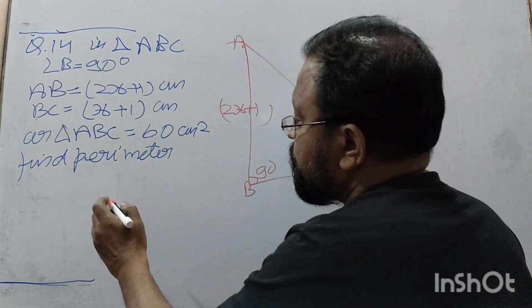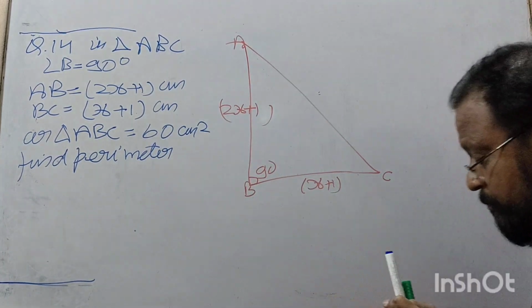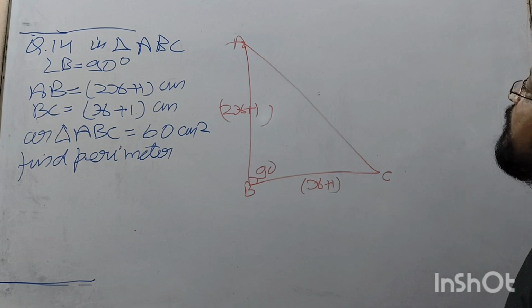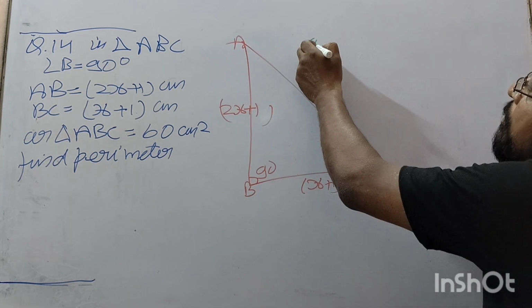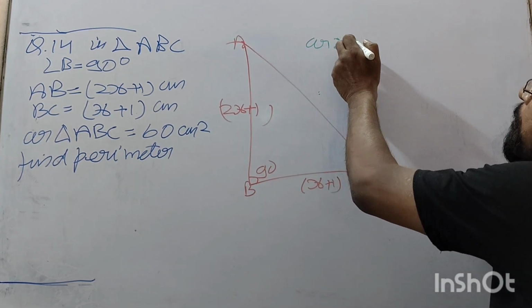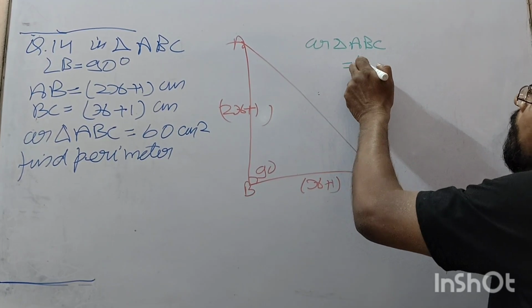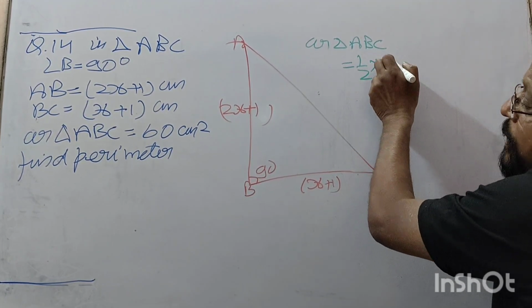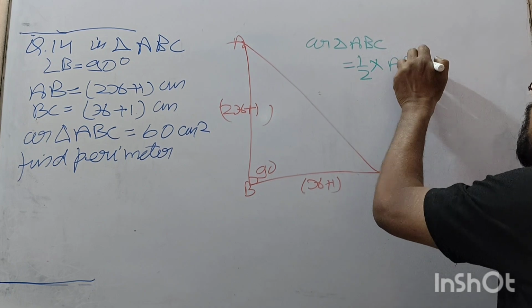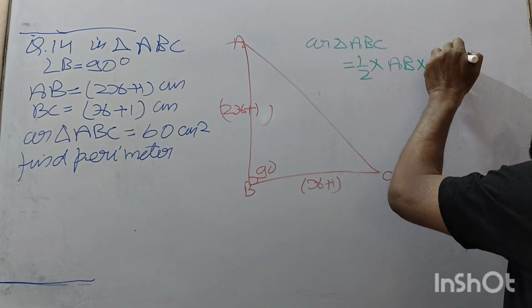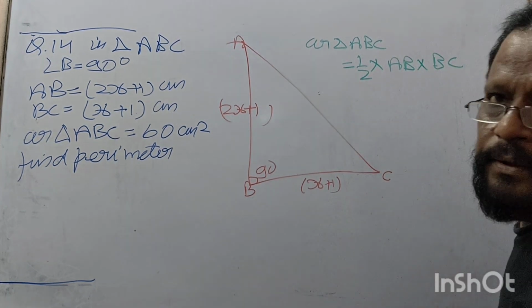So we can say area of triangle ABC is equal to 1 by 2 into AB into BC.